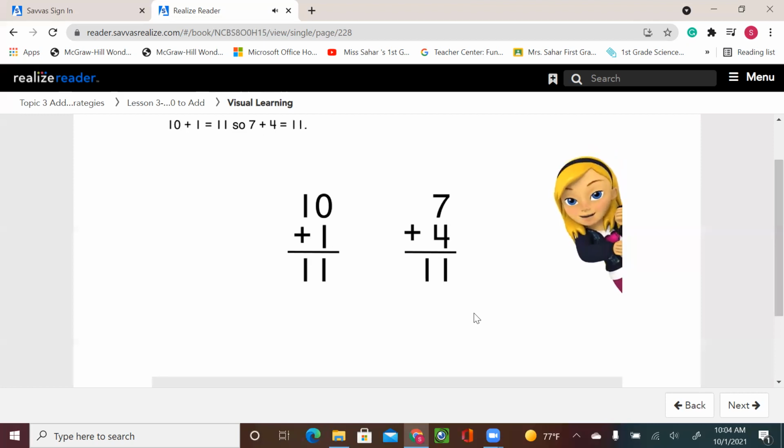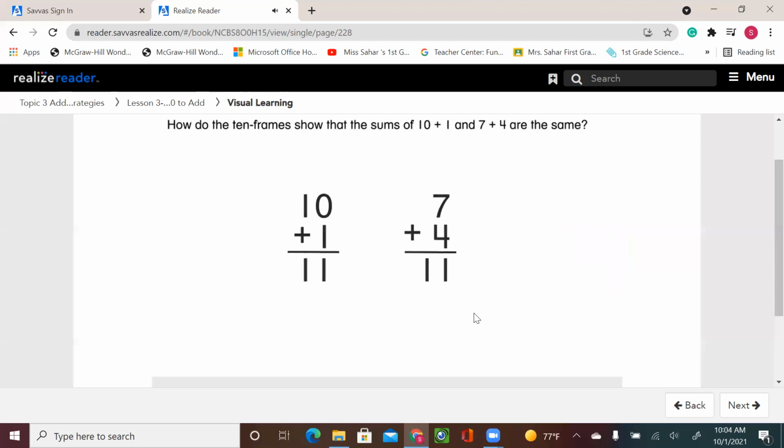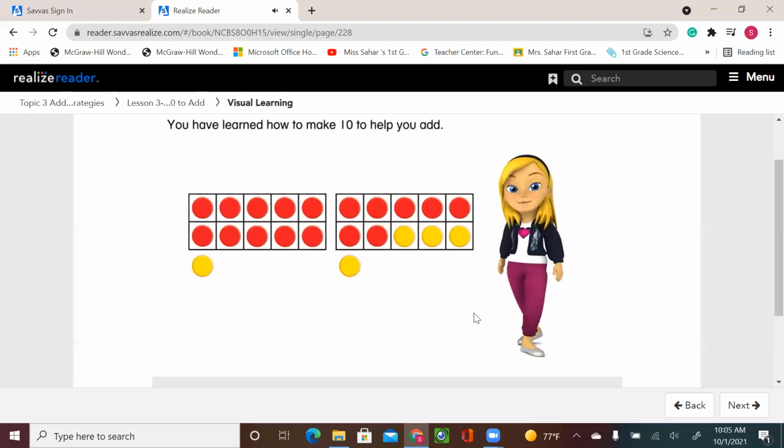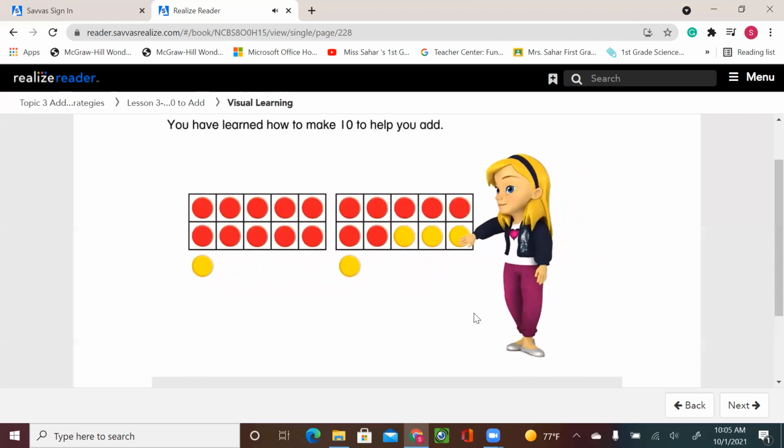The sums are the same. How do the 10 frames show that the sums of 10 plus 1 and 7 plus 4 are the same? The counters are arranged differently, but the total number of counters stayed the same. You have learned how to make 10 to help you add.